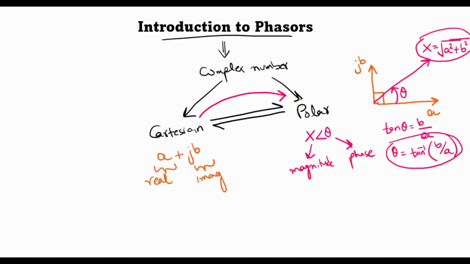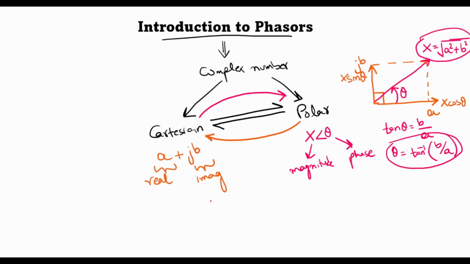Now it is also possible to go from the polar domain to the Cartesian domain. So we see that the projection of the vector x onto the base is equal to x times cosine of theta, and the projection onto the perpendicular is equal to x times sine of theta.